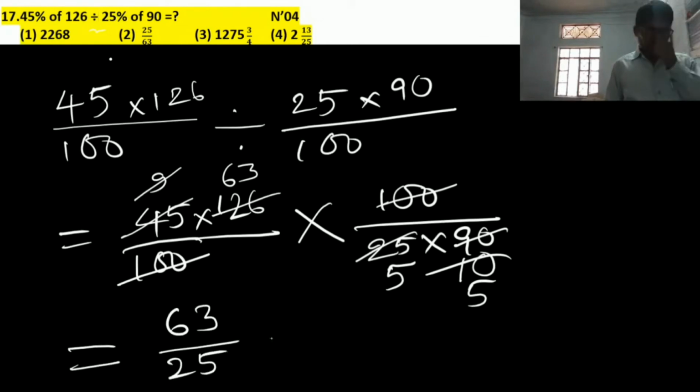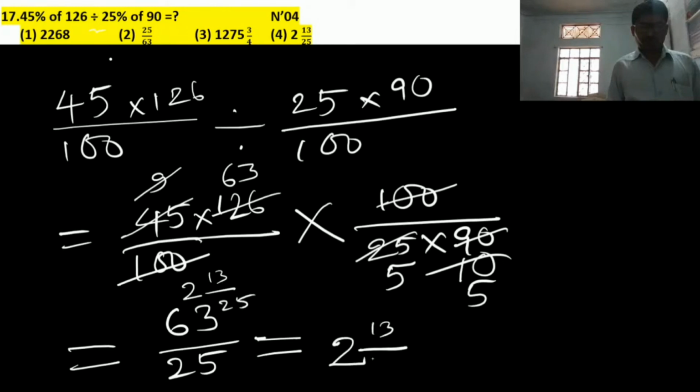We have to write this improper fraction as a mixed fraction. 25 twos are 50, 13 remainder by 25. So 2 13 by 25. This is the answer. 2 13 by 25, option 4 is correct.